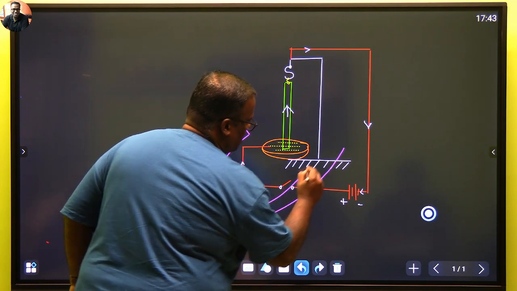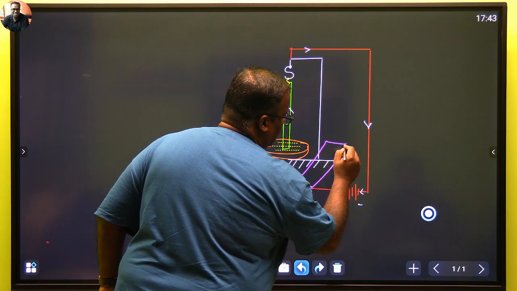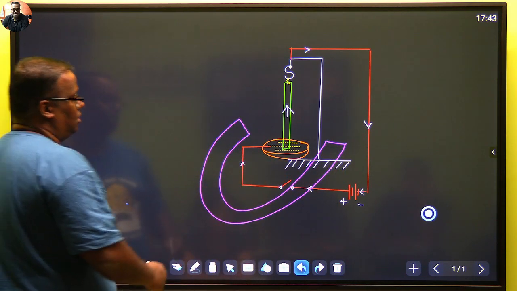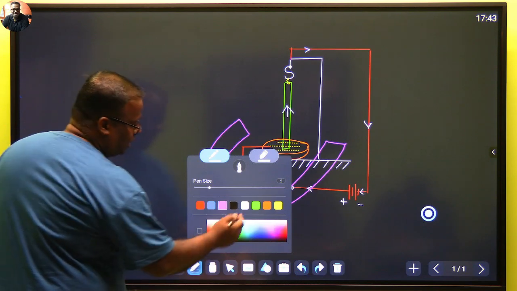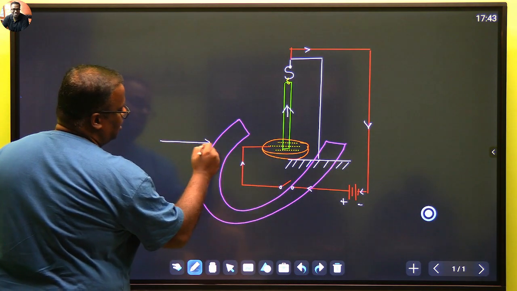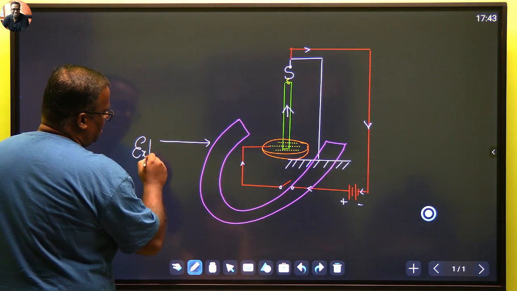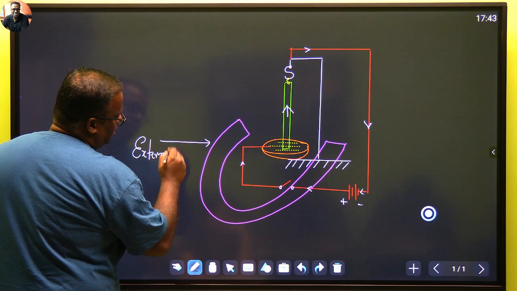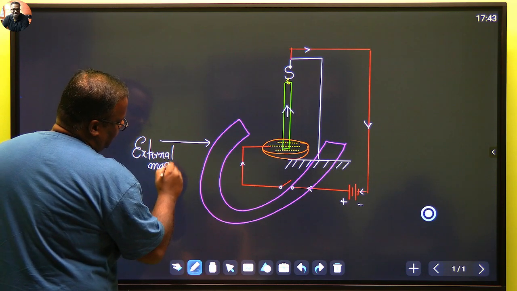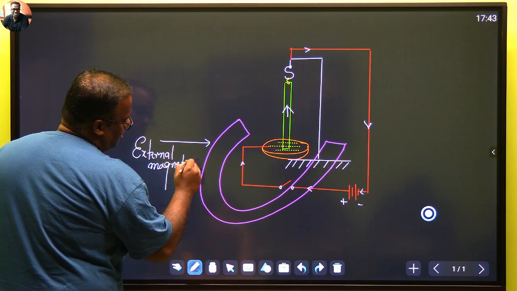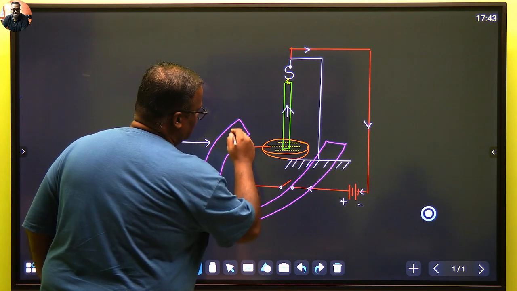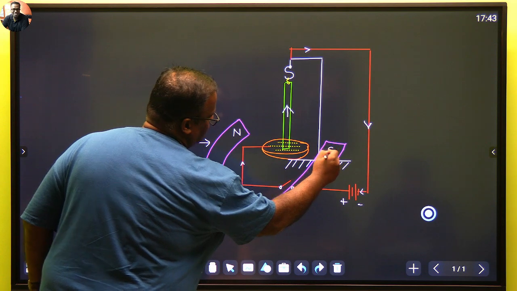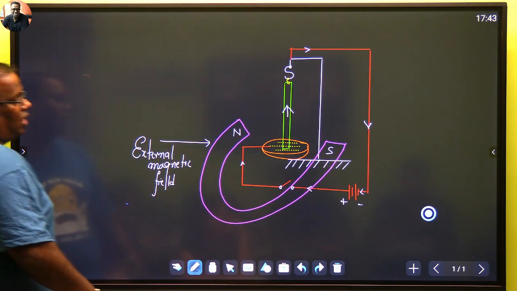Any specific reason why you took a horseshoe magnet? The intensity is a little better. Okay, I've kept an external magnet. So now we can study this. This is our external magnetic field. Right, and obviously one will be a north pole and one will be a south pole. You need not break your head on that.